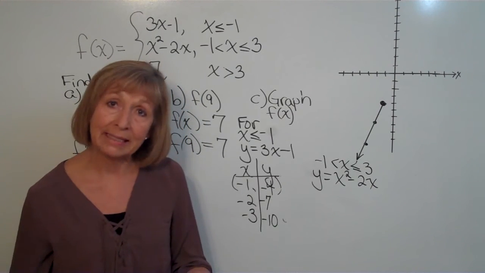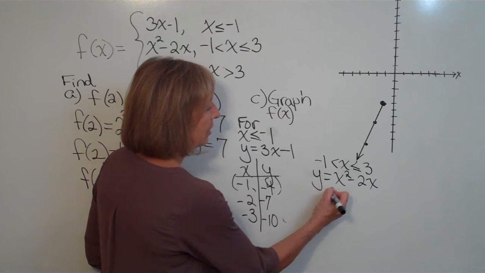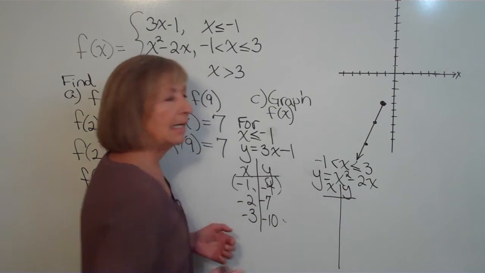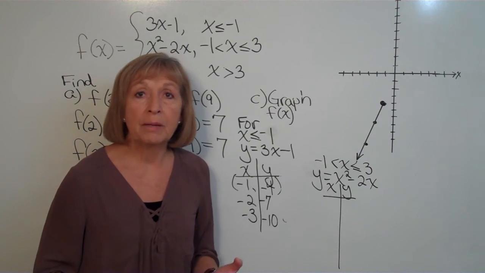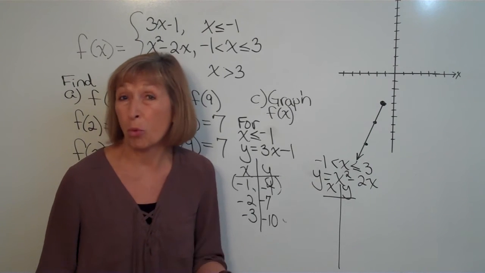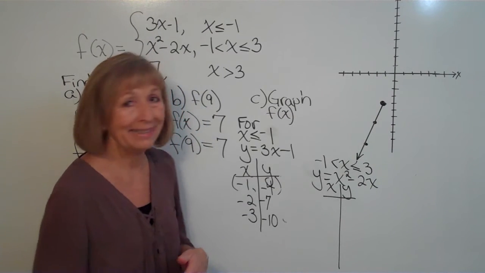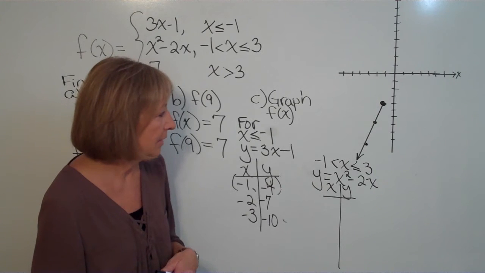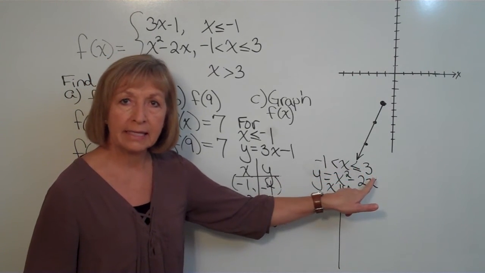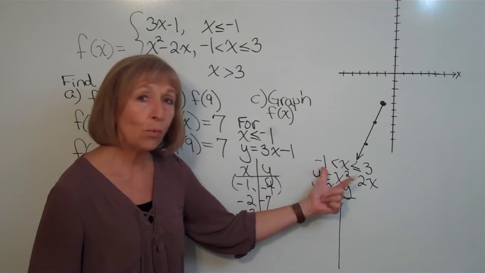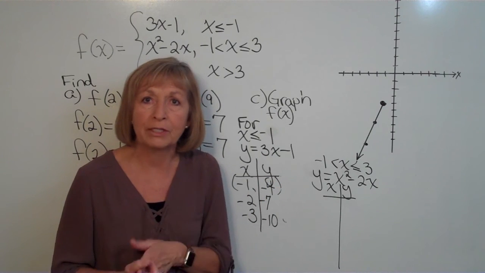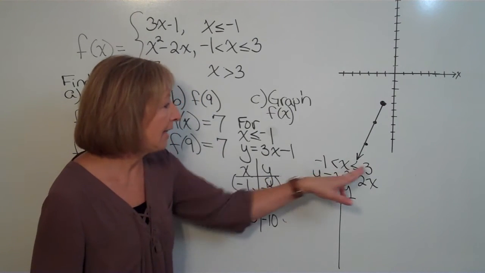Now let's make a table again, x comma y. Remember, this is a parabola. It curves, so I need more than just 3 dots. I need at least about 5 well-chosen dots. Because this span is greater than -1 but less than or equal to 3, I still want to plug in the inputs that start and finish the interval for which that rule is valid.